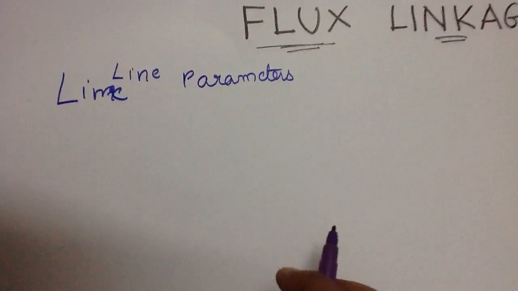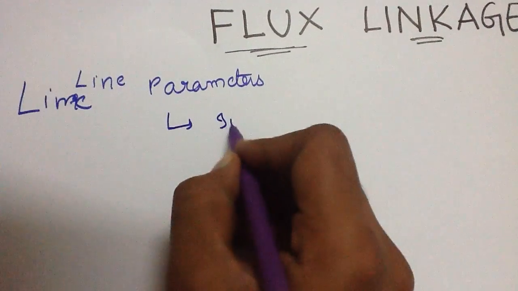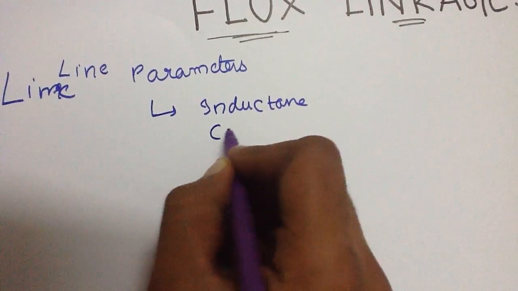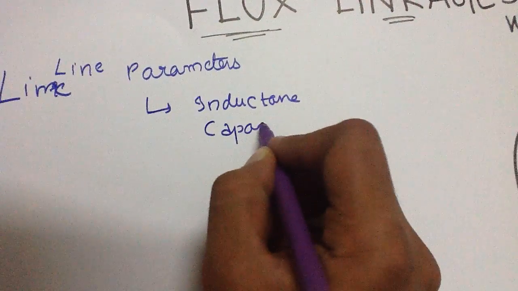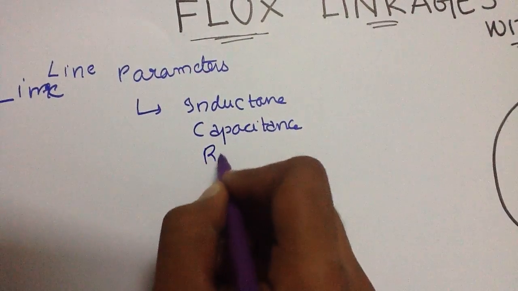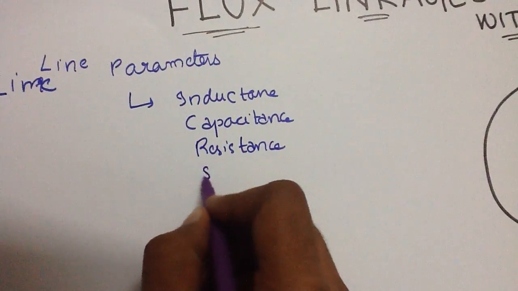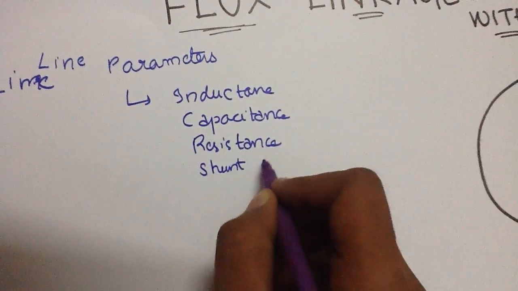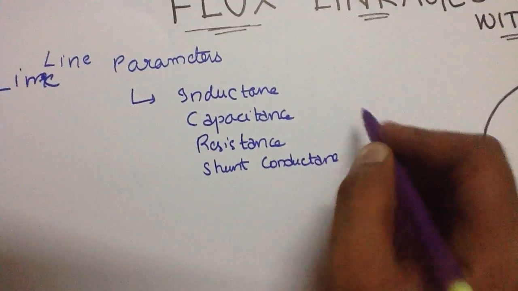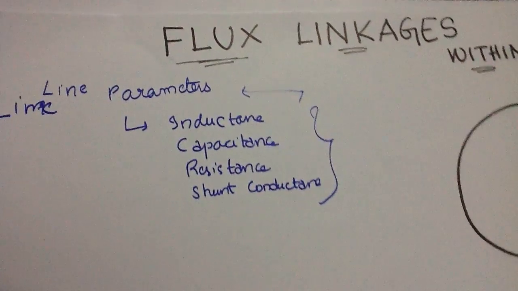There are a few things called line parameters, which are your inductance, capacitance, resistance, shunt conductance. So these are your line parameters.